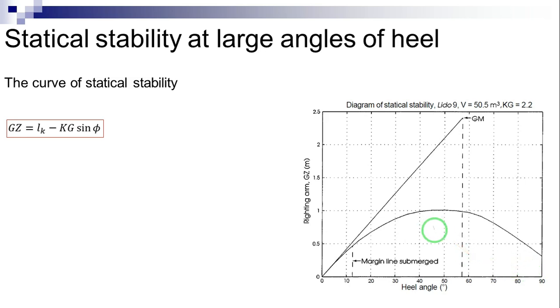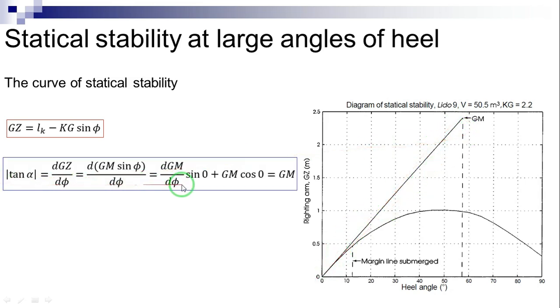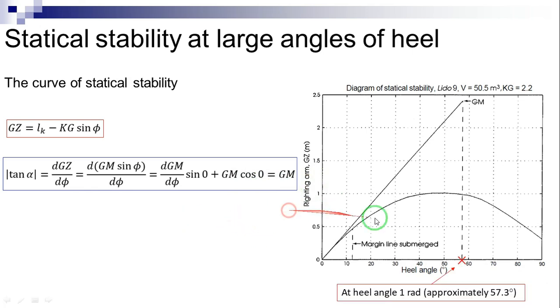A very useful property refers to the tangent in the origin of the righting arm curve. The slope of this tangent at phi equals 0 is given by this equation. In the curve of statical stability, at the heel angle 1 radian, approximately 57.3 degrees, draw a vertical and measure on it a length equal to that of GM.